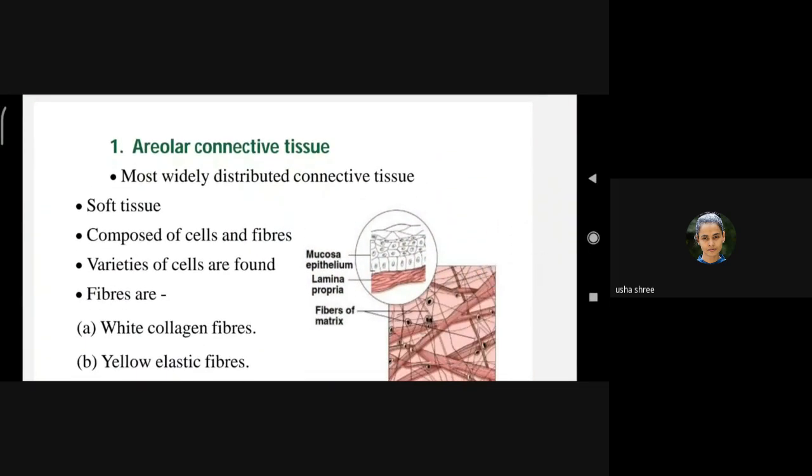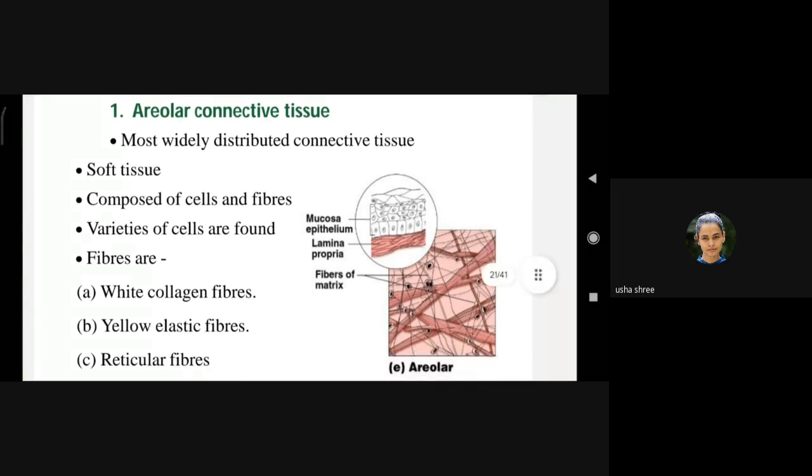So we will go into further details of areolar connective tissue. It is the most widely distributed connective tissue. It is a soft tissue composed of cells and fibers, as you can see in the picture. It is not only made up of cells, it also contains fibers, and varieties of cells are found.